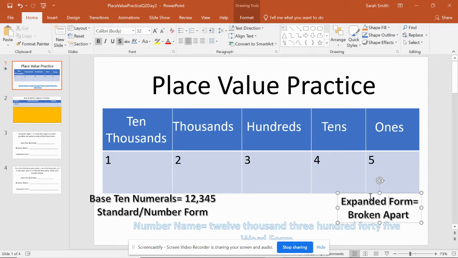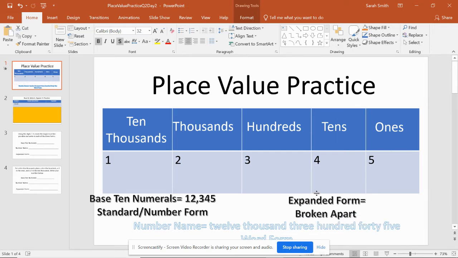Okay. And then if I were to break this up in expanded form, that would mean I'm breaking it apart, expanding it out, almost like decomposing when we're working with fractions. So then we know that it would be 10,000 because it's a 1, right? And then there are how many zeros behind it? 1, 2, 3, 4. Then we're going to put our plus sign.